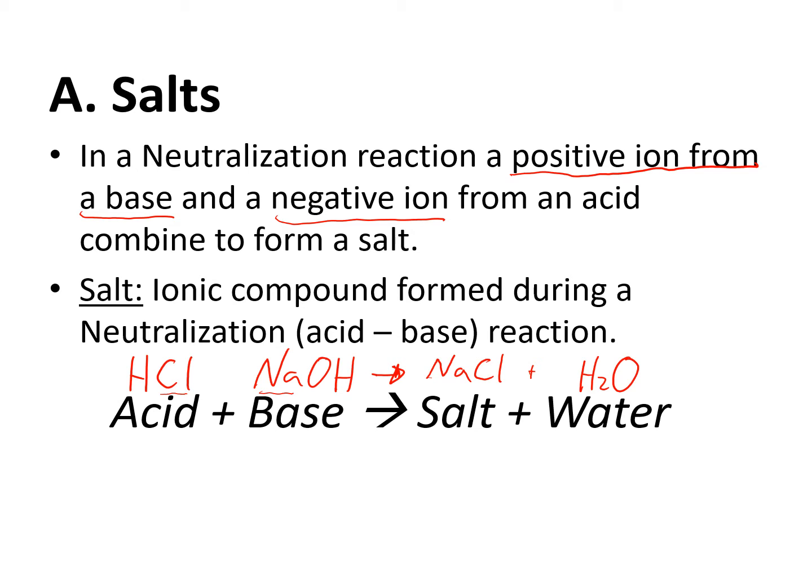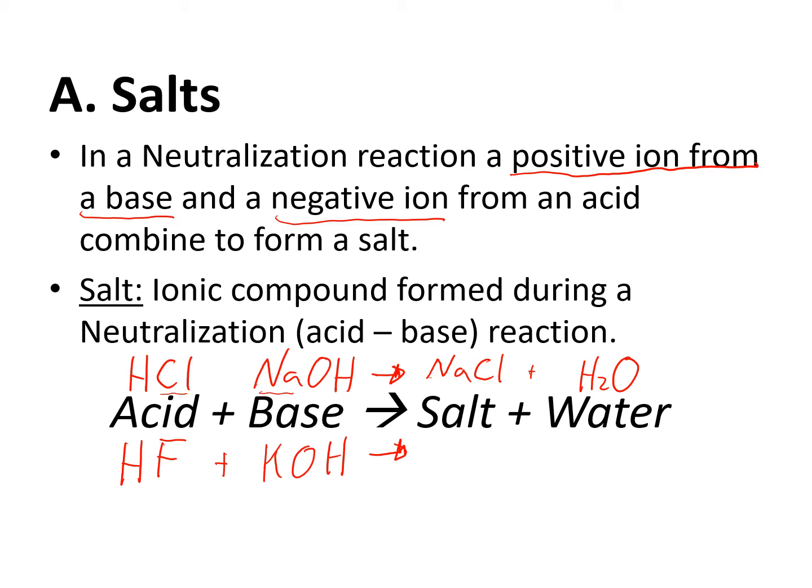Now, just because that's the type of salt that we're familiar with, there are many other types of salt. Say if we had a different type of acid like hydrofluoric acid, HF, plus potassium hydroxide, KOH.